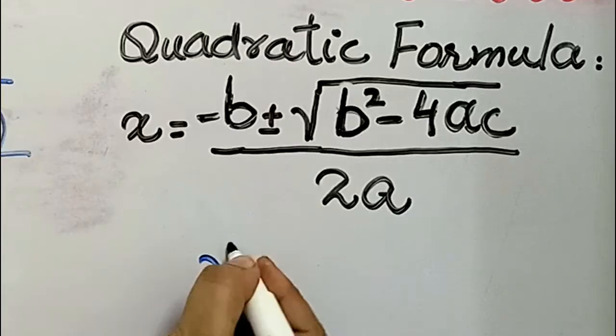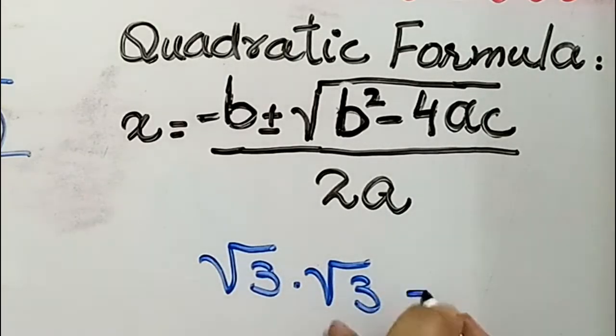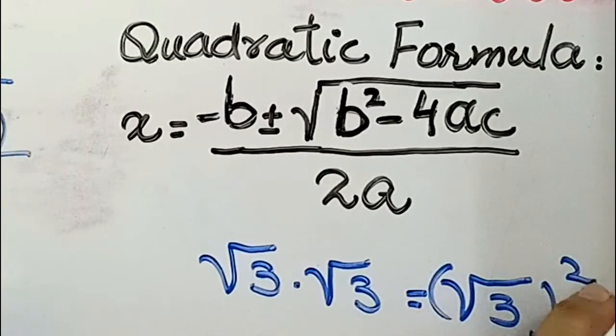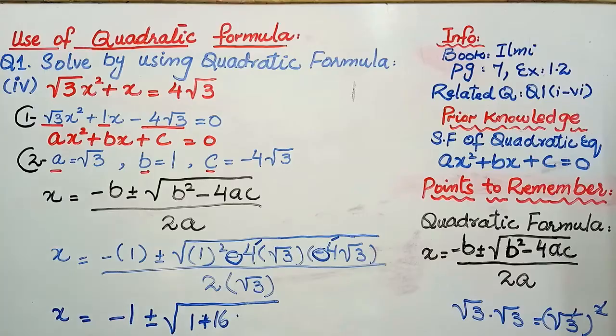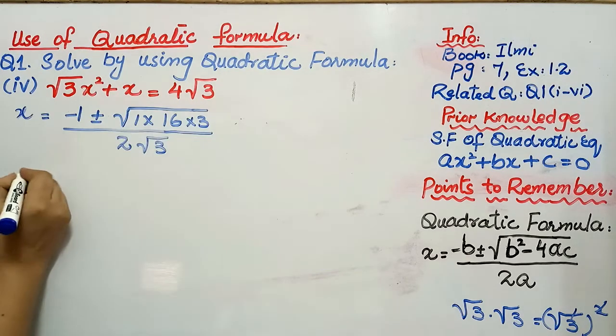You know that under root 3 into under root 3 will be under root 3 whole square. So this will be cancelled, and we will multiply it by 3 divided by 2 under root 3.